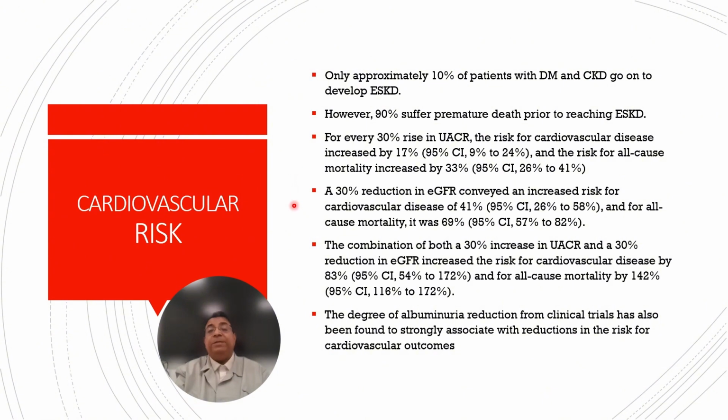A 30% reduction in GFR conveyed an increased risk for cardiovascular risk of 41% and 69% for all-cause mortality. The combination of both a 30% increase in albuminuria and a 30% reduction in GFR increased the risk for cardiovascular disease by 83% and the risk of all-cause mortality by 142%.